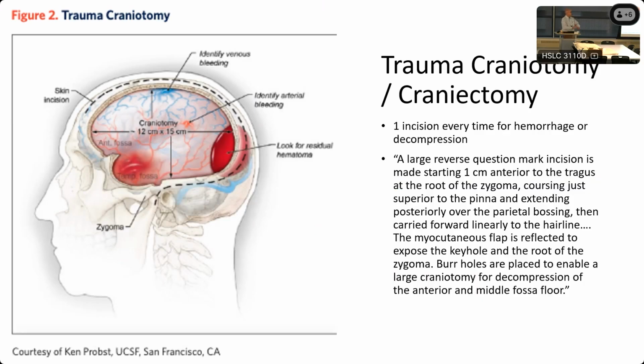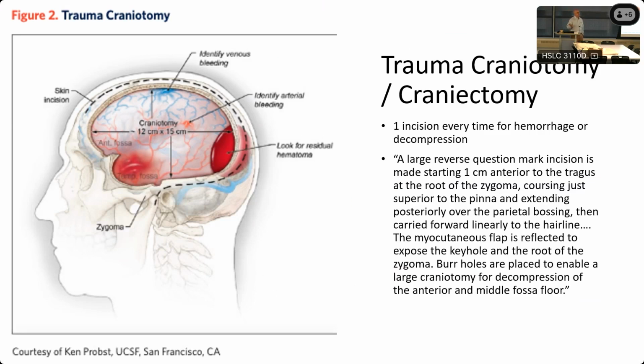So the trauma craniotomy, craniectomy, my principle is that it's one incision every time. You don't size the incision for the pathology. If you have an acute convexity subdural, you use the same incision every time.